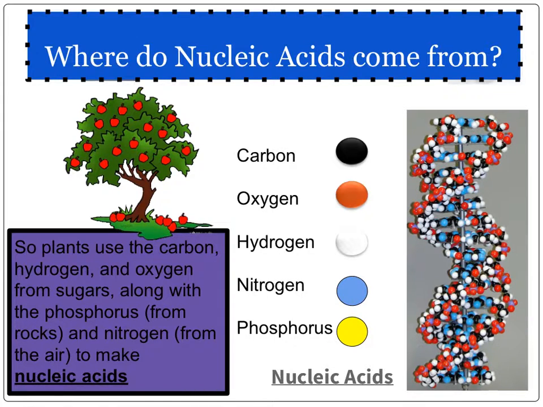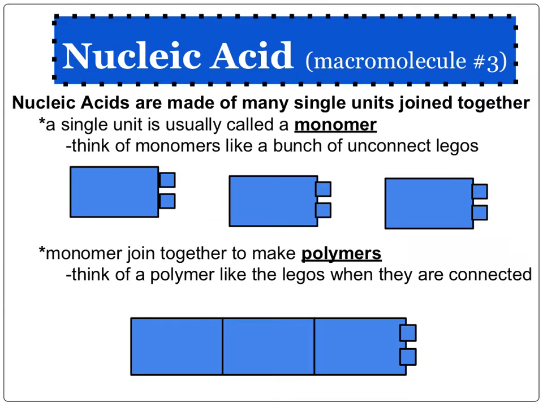So plants use the carbon, hydrogen, and oxygen from sugars, along with the phosphorus from the rocks and nitrogen from the air, to build nucleic acids. Now to concentrate on the structure of a nucleic acid. Nucleic acids are actually made of many single units joined together, and together they construct nucleic acids.